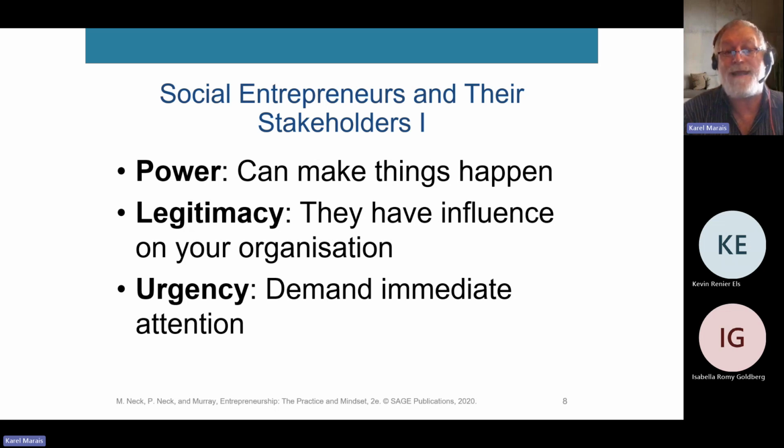A stakeholder that has power can make things happen. They've got some power, either socially, a network of people, it might be political power, or the backing of the broader community, and that power can then be used to either advance your social entrepreneurship venture, or it can be used negatively. It can be used to damage your social entrepreneurship venture.